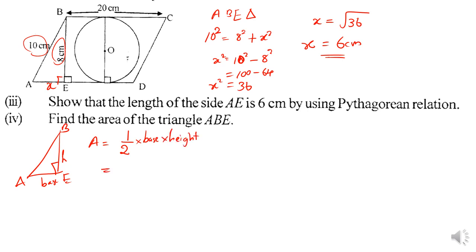So half, base is 6 centimeters, which we have just found, height is 8 centimeters. You can cancel out and get 3 here, and 3 into 8 is 24 centimeters squared.